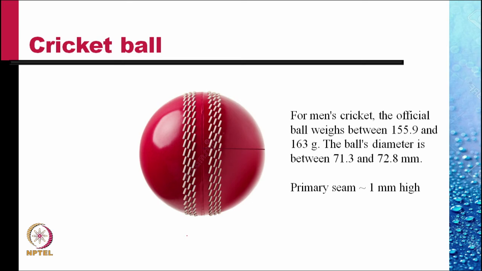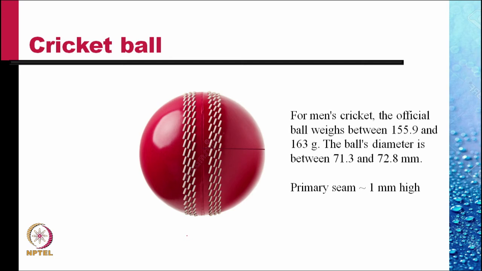What these seams do is, first, when they land on the pitch, they provide an unpredictable factor to the bounce back from the pitch if the ball lands on the seam.